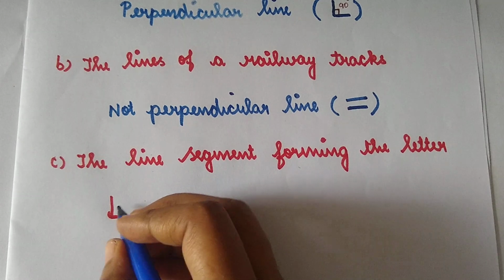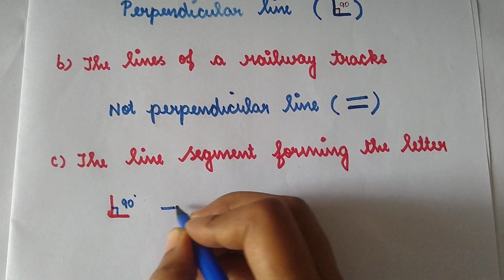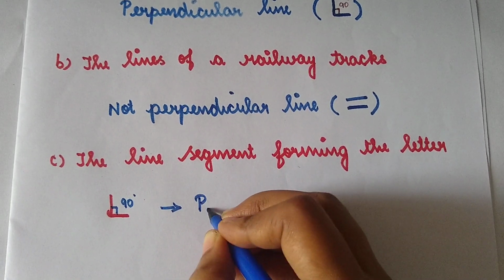It makes 90 degrees. It makes a right angle. So this is a perpendicular line.